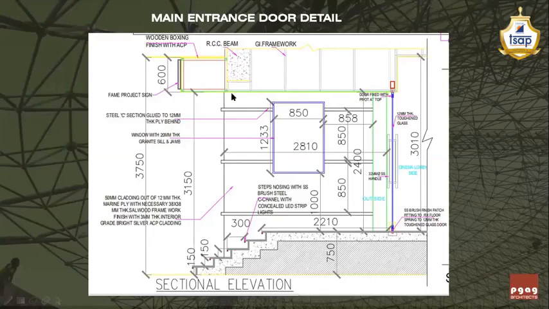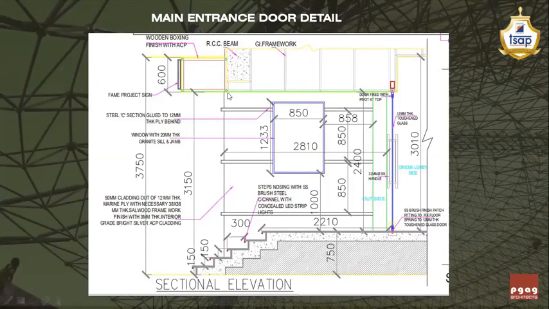If it is possible to create a level difference, well and good, it gets executed very well. But if it is not possible to give a level difference wherever you are changing two materials, then you are at least supposed to give a groove in between, which also acts like an expansion joint between the two materials, because the wooden framing and the wooden material are going to give a little expansion and contraction, but the gypsum ceiling is going to be a stagnant element.